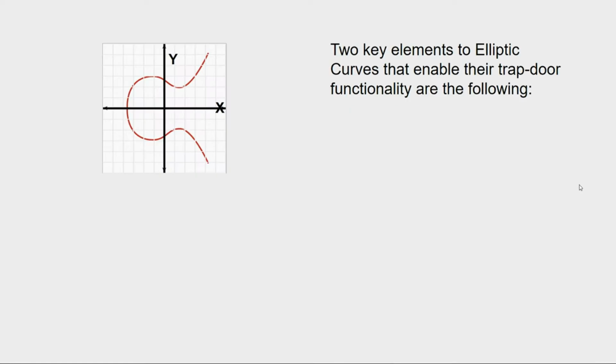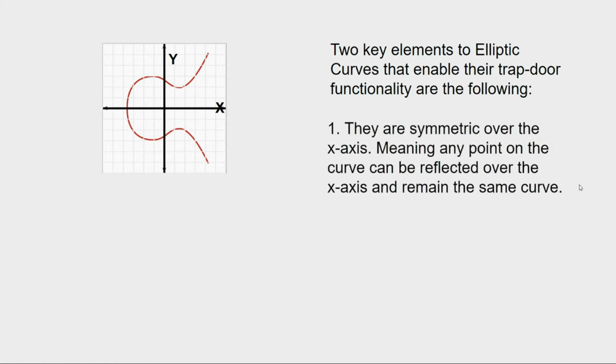Two key elements to elliptic curves that enable their trapdoor functionality are the following. Number one, they are symmetric over the x-axis, meaning any point on the curve can be reflected over the x-axis and remain the same curve.